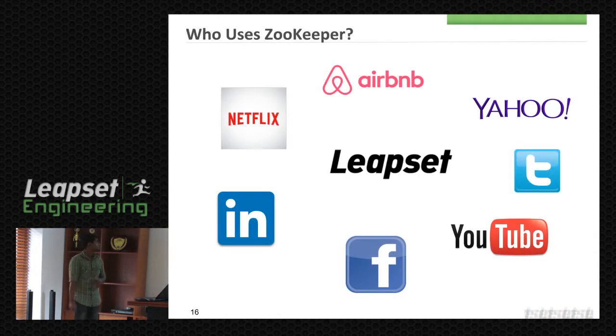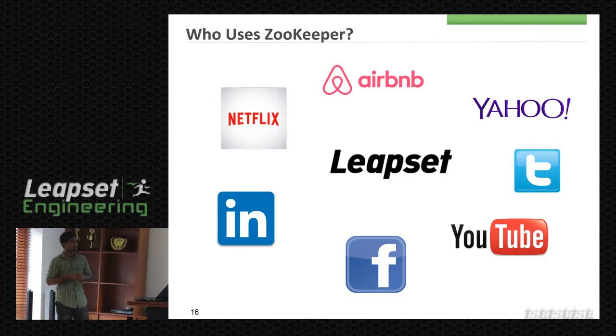So who actually uses Zookeeper? As you can see, Yahoo, Twitter, YouTube, basically all the leading well-known companies are using Zookeeper. Airbnb is probably the least heard of out of these. It's an accommodation provider.